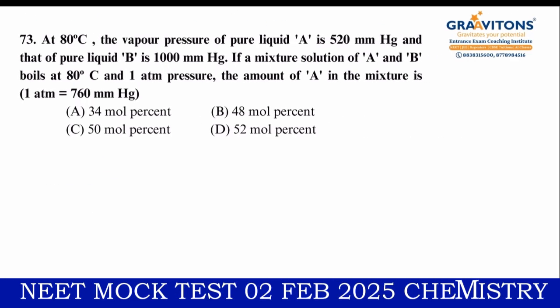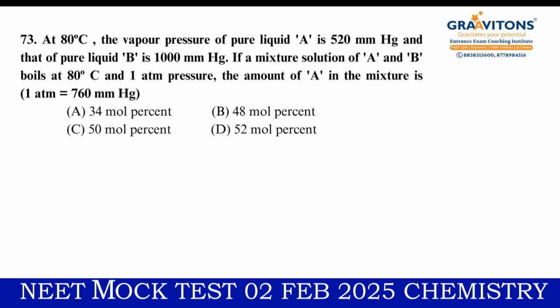option. 73rd question. At 80 degrees Celsius, the vapor pressure of pure liquid A is 520 mmHg and that of pure liquid B is 1000 mmHg. If a mixture solution of A and B boils at 80 degrees Celsius and 1 atm pressure, the amount of A in the mixture is, we have to find out the percentage.